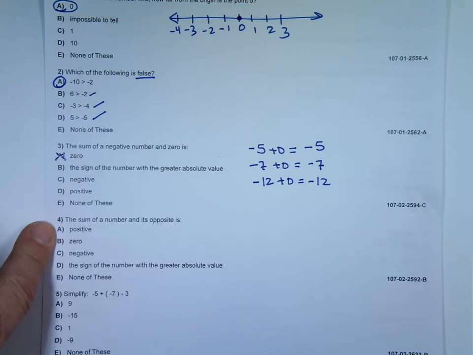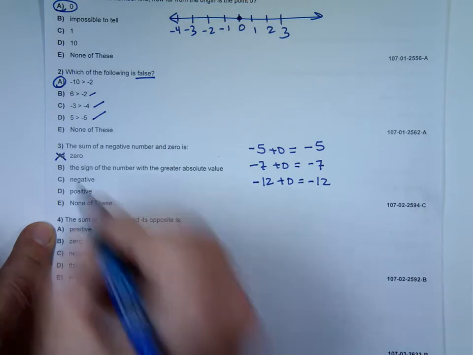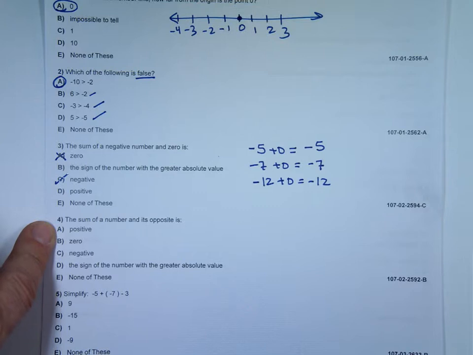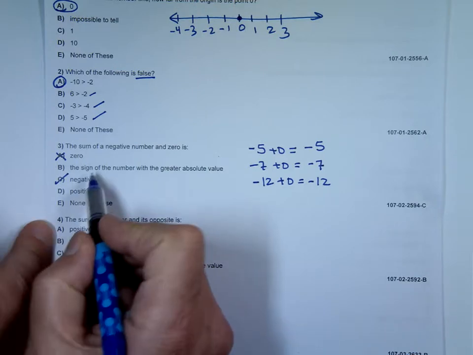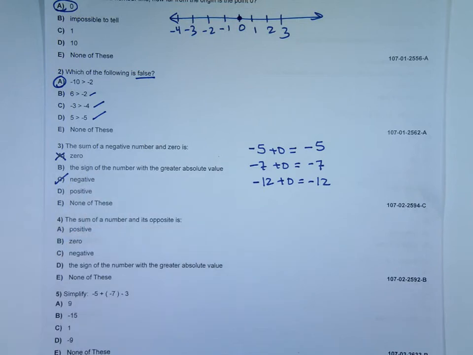The sign of the number with the greater absolute value, it's always a negative, right? This actually could be true, B here.